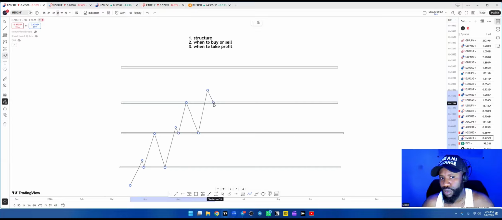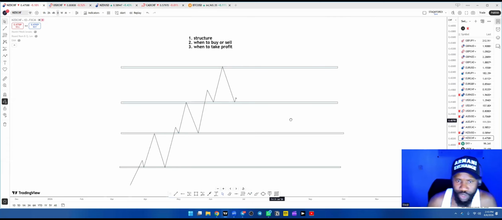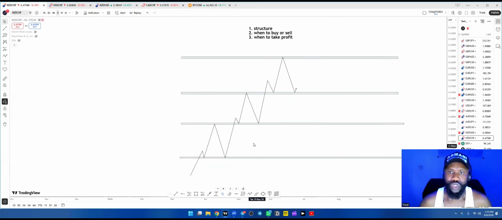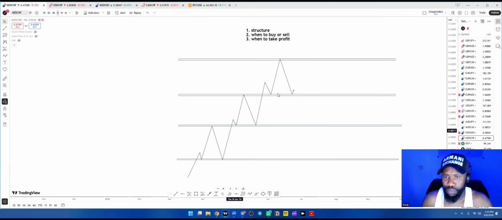This is also a buy opportunity, then pushes to the upside, then pulls back again, before pushing to the upside. So this is a bullish trend now. So this is what? A bullish structure.